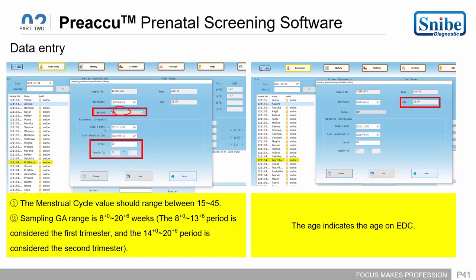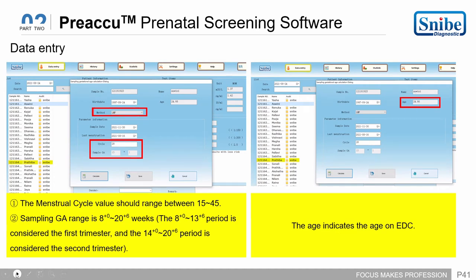Between 8 to 13 weeks is considered the first trimester, and 14 to 20 weeks is considered the second trimester. After the gestational week, a cycle time of 28 days is usually entered, and then the age factor indicates the EDC value, so that the patient data can be put in here.